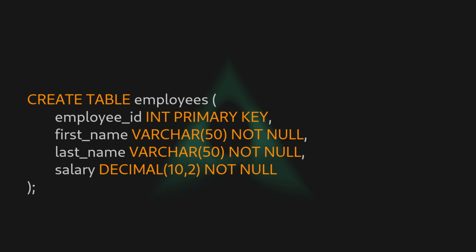The other column quality that we want to talk about in this video is null and not null. By default, columns are set to null in MySQL, but when we set a column to not null, it means that this specific column must have a data on each record.